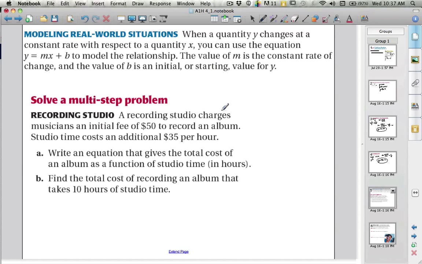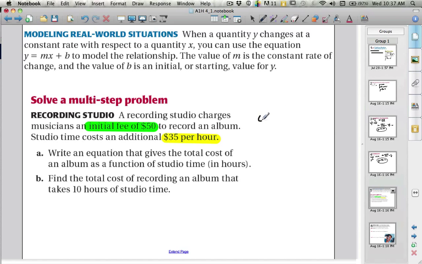Okay, so a recording studio charges an initial fee of $50 to record an album, and studio time costs an additional $35 per hour. So when we look at this, that means that when I walk in and I haven't spent any time, I have to pay $50. And then after that, I have to pay $35 for every hour that I work. So when I have 0 hours, I still owe them $50.